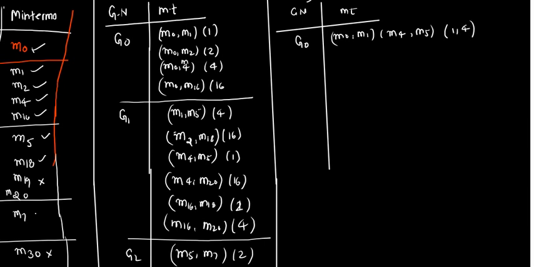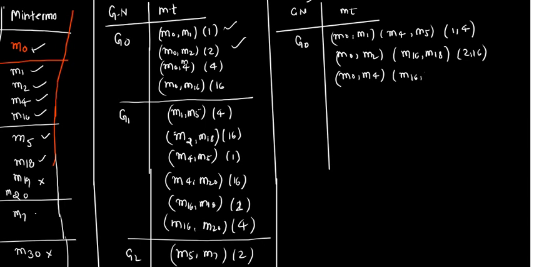Other, M0, M2 with M16, M18. So we have taken care of this and this. M0, M2 and M16, M18. The difference is 2, 16. Next, M0, M4 with M16, M20. 4, 16.